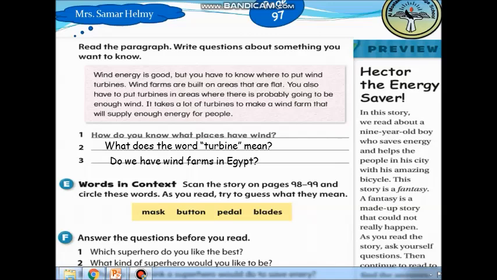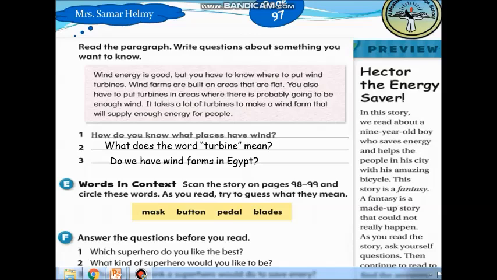Words in context. As we used to do, we have some words that are put before the passage. As we read, we will try to guess their meaning and answer questions about them. Scan the story on pages 98 and 99 and circle these words.